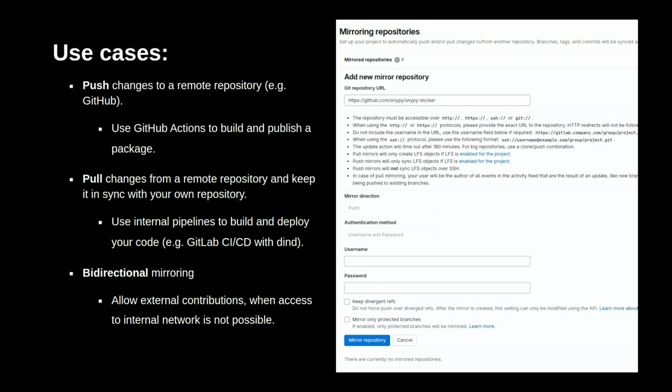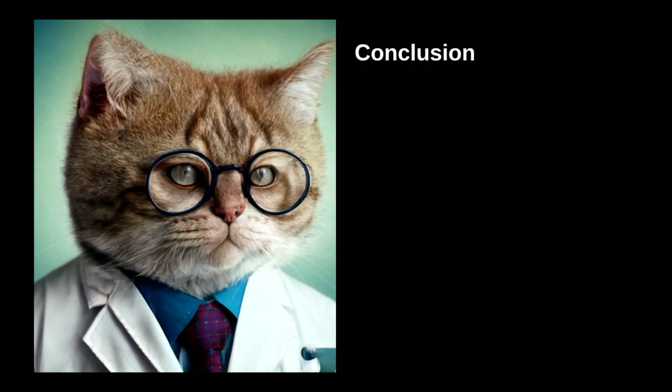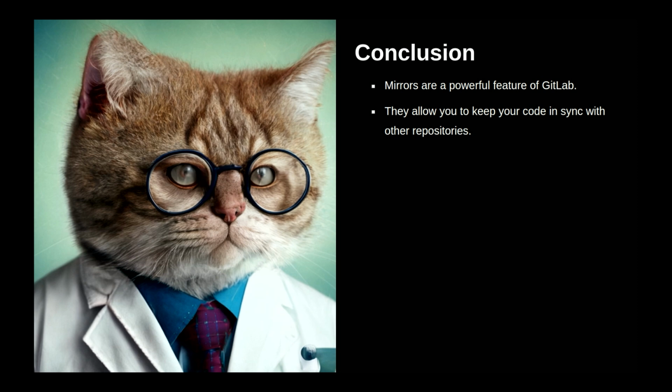And also, you can use this bidirectional mirroring if you want to work with external contributions, but you have some issues regarding the network. Well, the conclusion: it's a powerful feature of GitLab. You can use it for backups, CI/CD, collaboration. Thanks.